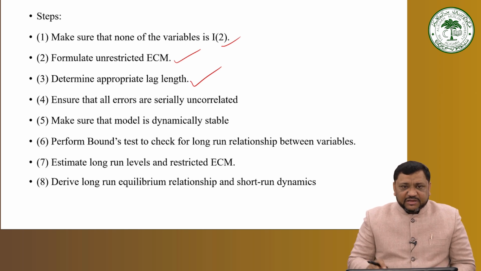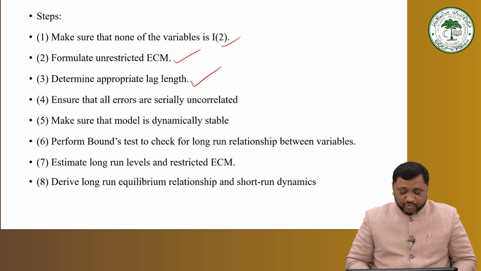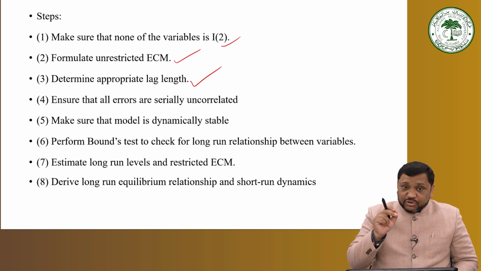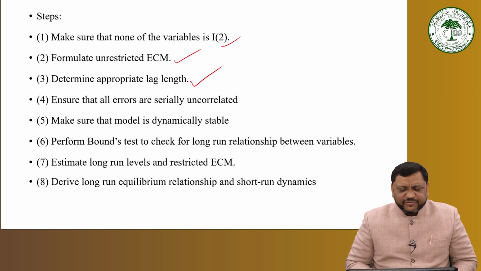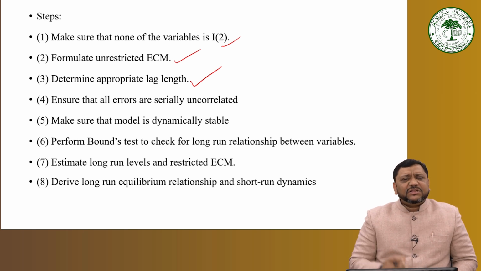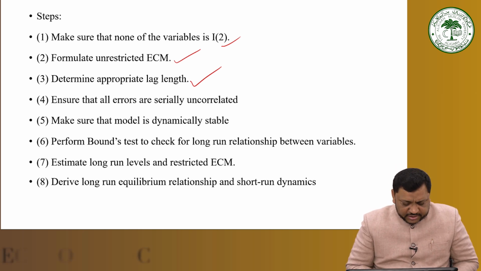It was not like in the case of Johansen, where you simply put it in the VAR and you get the lag in one time. So this process was earlier very complicated, but now with the advent of software, the software itself decides upon the most suitable lag, and we can use it accordingly.